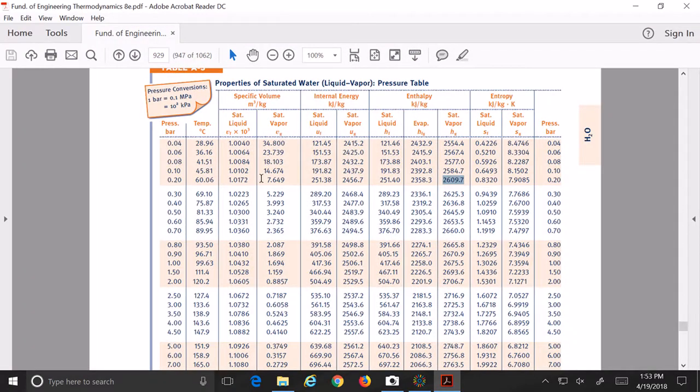So let's see, this is for 2. What should be S? Should be equal to S gas, no? Yeah? Which is equal to what? 7.9085.